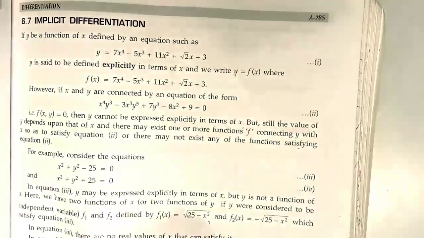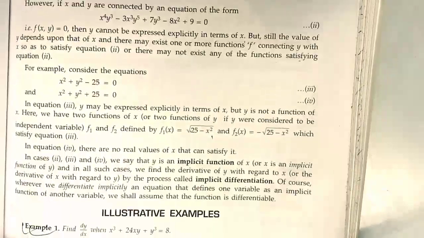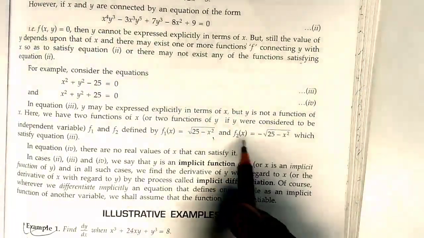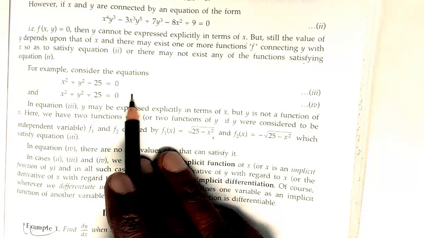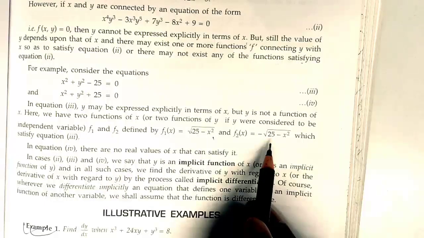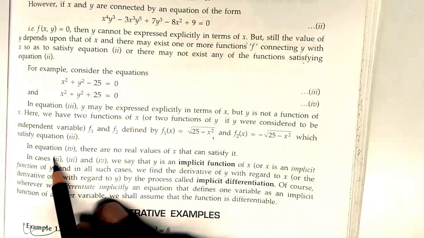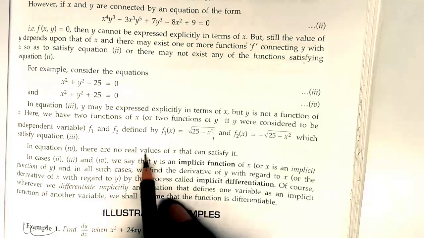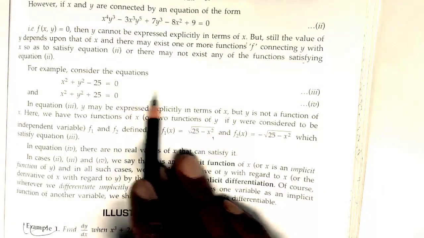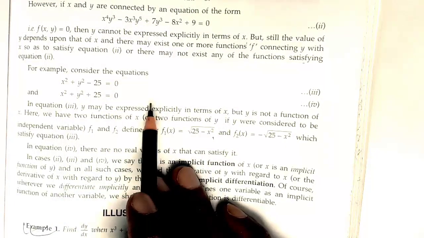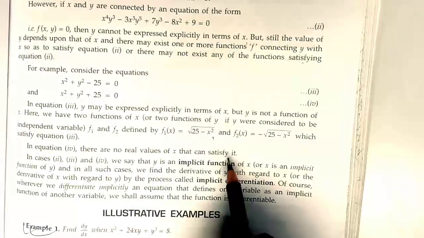In the fourth case, y square equals minus x square minus 25. There are no real values of x that can satisfy this, because it will be root over minus x square minus 25, and the root of a negative gives a complex part.